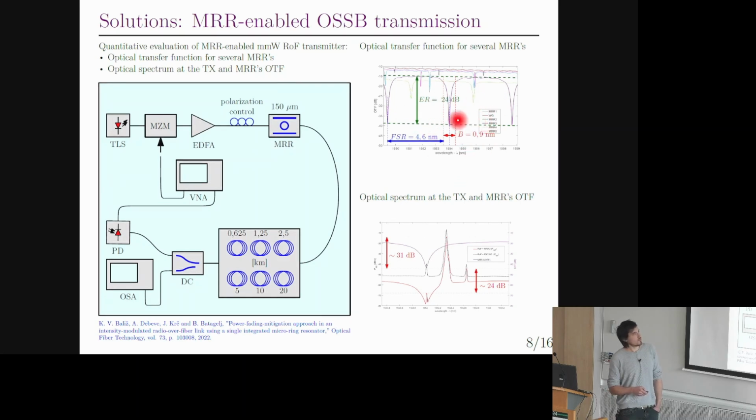So obviously what we found out is that we want to have a high extinction ratio in the through direction of this microring resonator in order to be able to suppress one of the sidebands as much as possible. And another requirement is the FSR, the free spectral range.